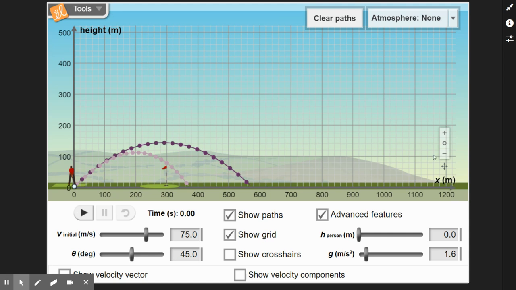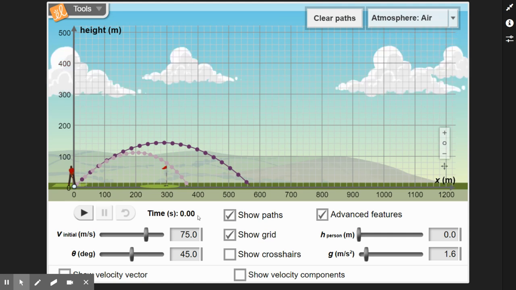Now, actually, you know what, let's say the moon had an atmosphere. We can't really change how thick it is, but let's just see what it would do on the moon if it had the same atmosphere as Earth. Wow, it's taking a lot longer.